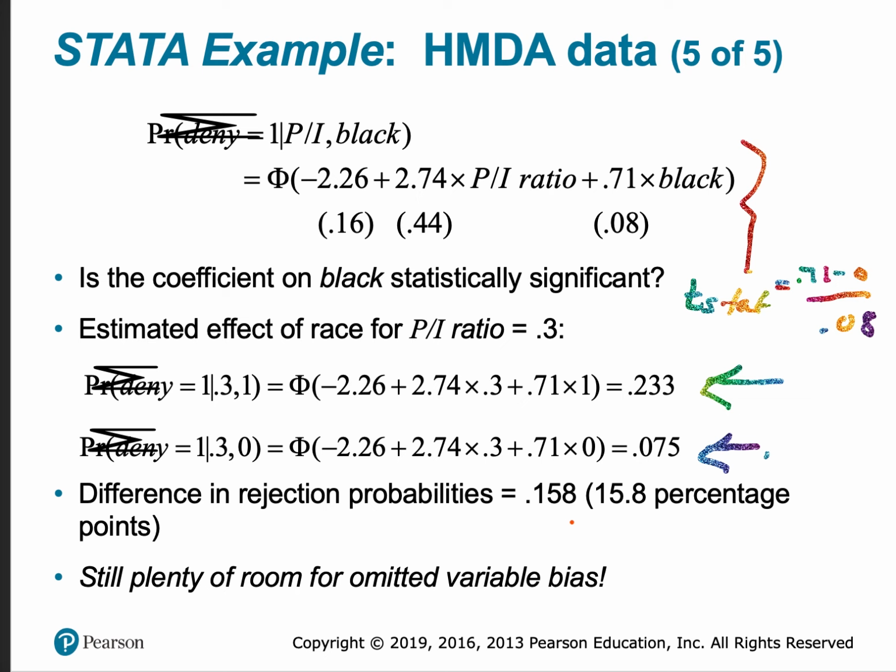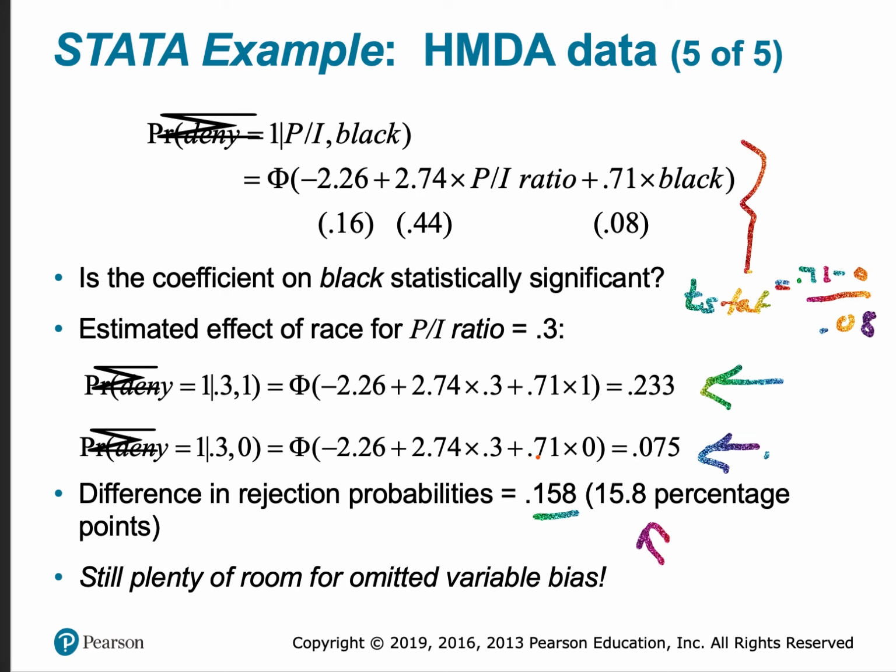So the difference in the rejection probabilities is 0.158 or 15.8 percentage points, which is quite large. Right, so two people with the same payment to income ratio, one is black, one is white, the black applicant has a 15.8 percentage point higher chance of being denied.